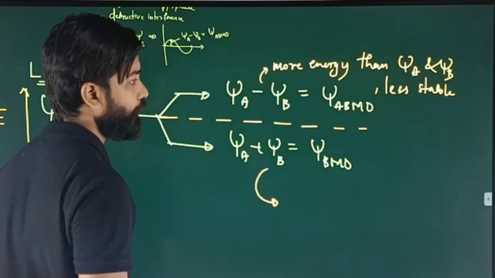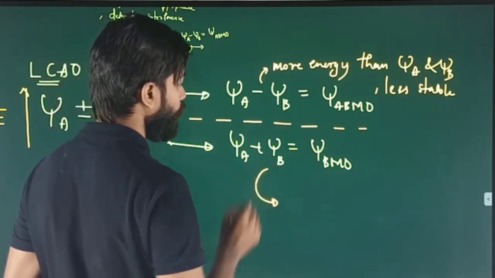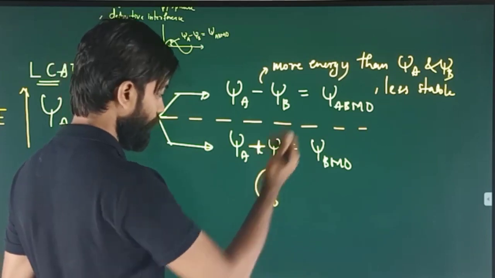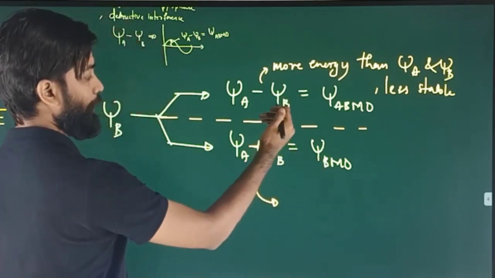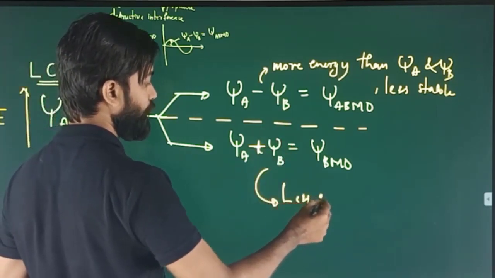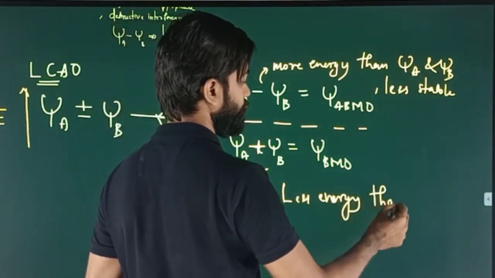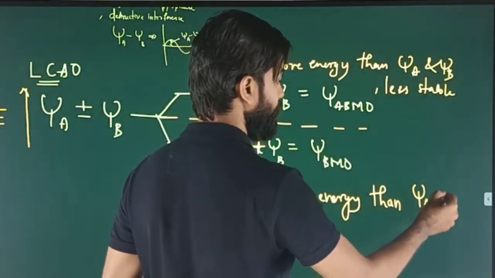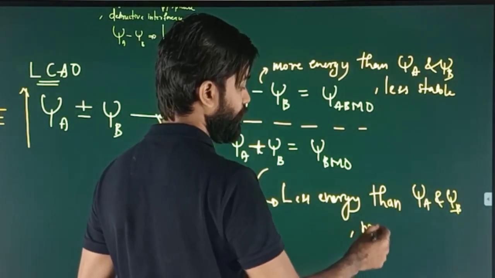Okay. What about here? Psi A plus psi B is the additive combination to form the molecular orbital, where the energy is comparatively less than the energy of each orbital. Less energy than psi A and psi B. Therefore, it is more stable.